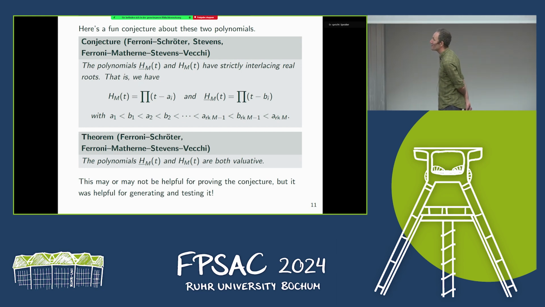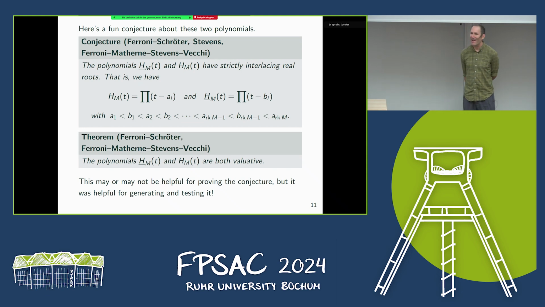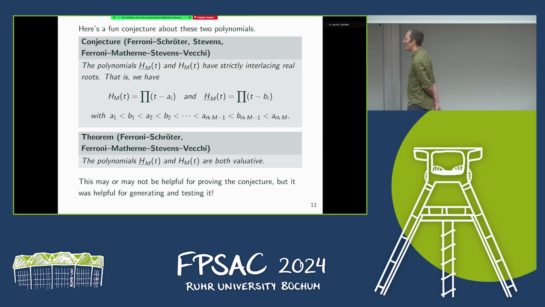A theorem of Ferroni-Schröter in one case and Ferroni-Matherne-Stevens-Vecchi is that these two polynomials are both valuative. And let me point out now, I don't particularly think this theorem is going to be helpful in proving the conjecture, but it was extremely helpful in generating the conjecture.